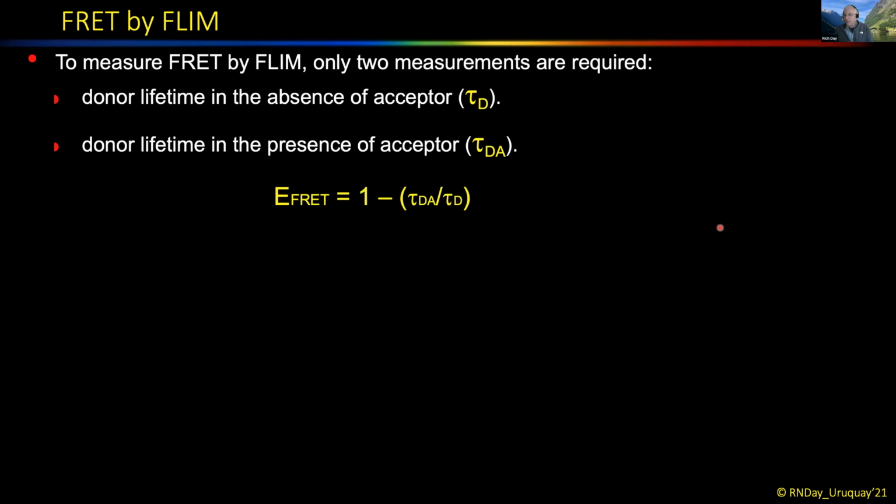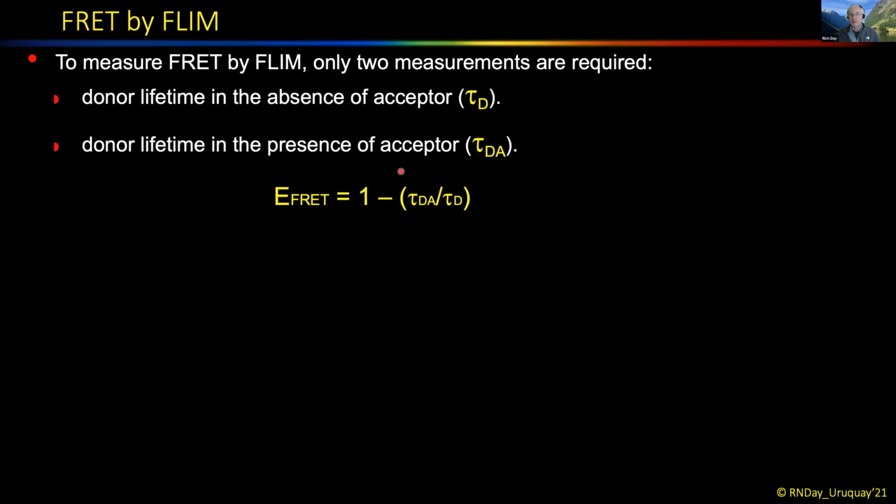And as I think you've probably already heard, to measure FRET by FLIM, you really only require two measurements. What you need to know is the lifetime of the donor in the absence of the acceptor. This is the lifetime of the donor. And then you have to measure the lifetime of the donor in the presence of the acceptor.